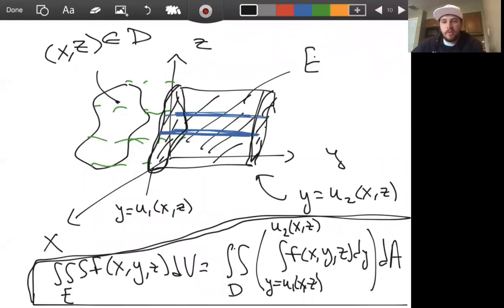But if you remember from our discussion on double integrals, this region D can be generalized as well. And so the region D could be of type 1 or type 2. So let's look at a region D in the xy plane.